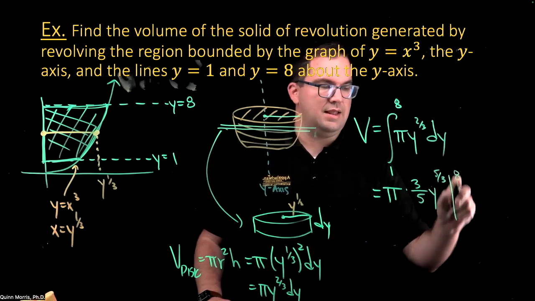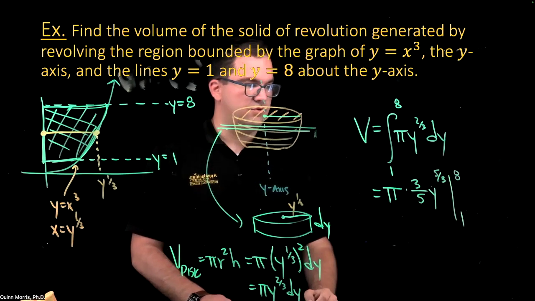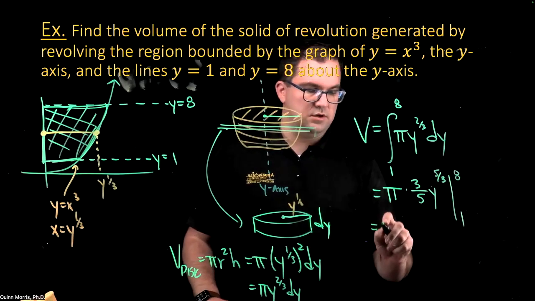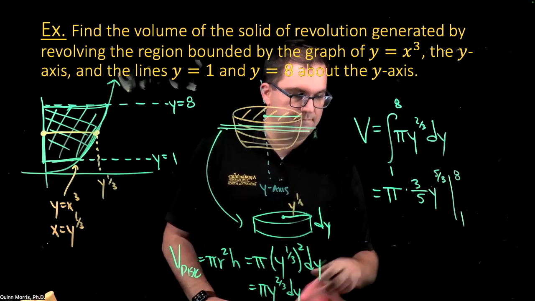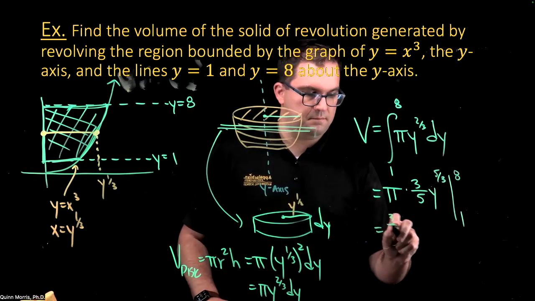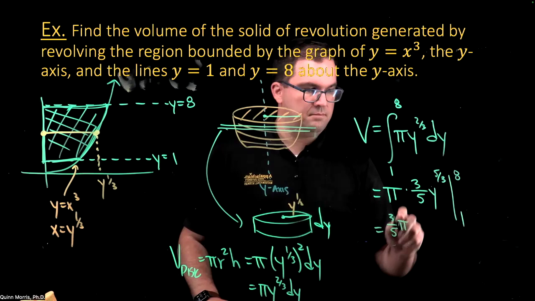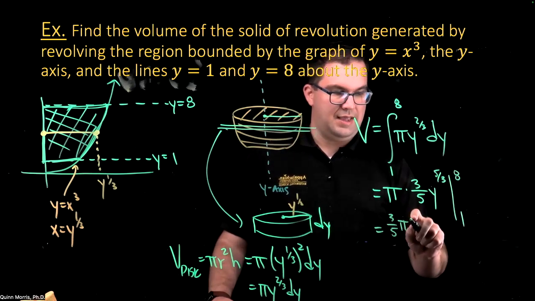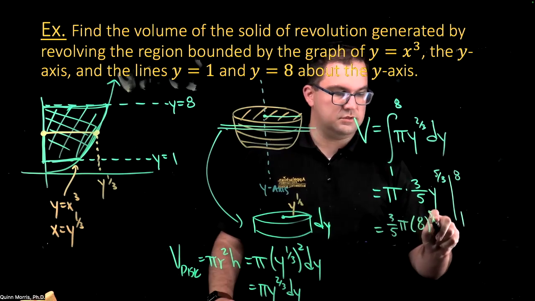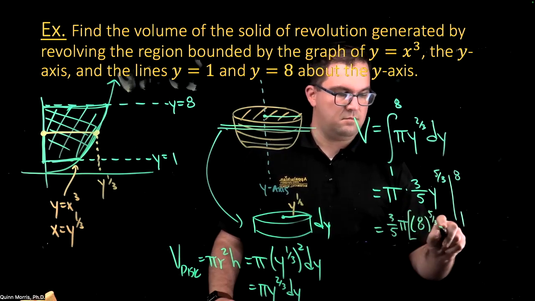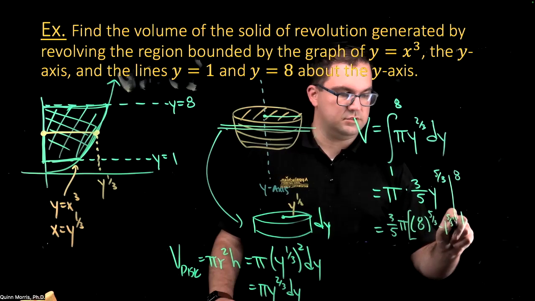And I'm going to evaluate that at 8 and 1 and take a difference. Okay? So this will give me 3/5 pi times 8 to the 5/3 minus 1 to the 5/3.